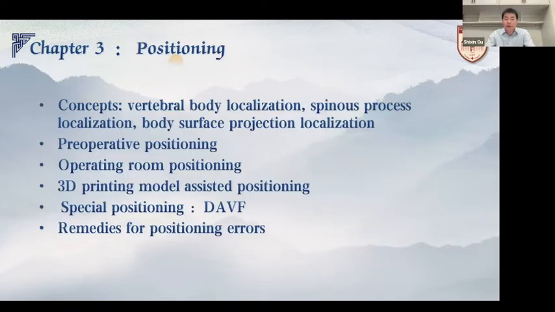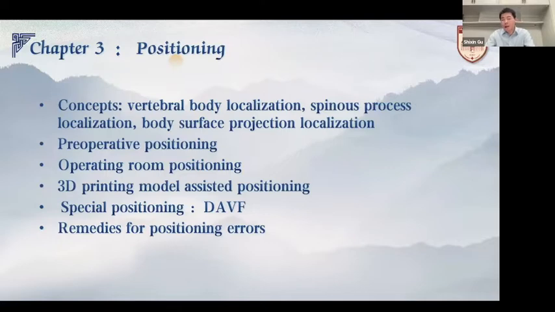Next, let's talk about the positioning before surgery. As we all know, whether it is brain surgery or spinal surgery, successful positioning means more than half of the success of the surgery. Let us first clarify a few basic concepts.